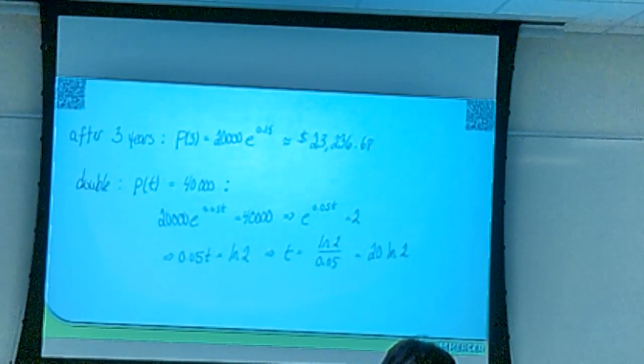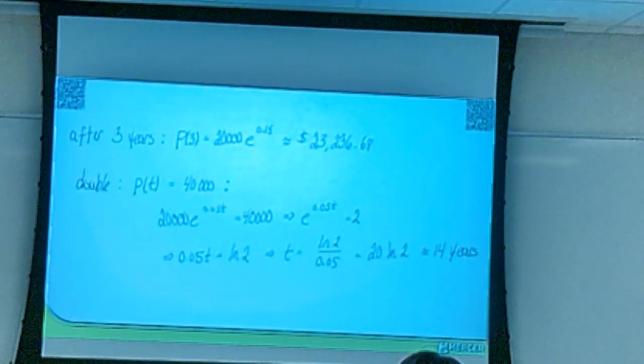If we're keeping it just in years, it's about 14 years. So with this savings account, you can expect your account to double in value every 14 years.